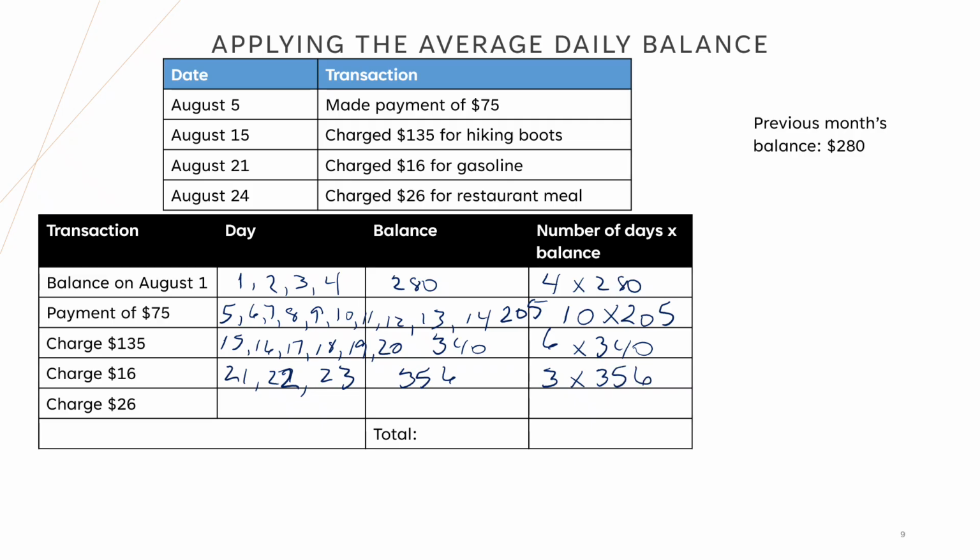And then on the 24th, for the 25th, 26th, 27, 28, 29, 30, and 31, because we charged another $26, now our balance is $382, and it is that balance for 8 days.